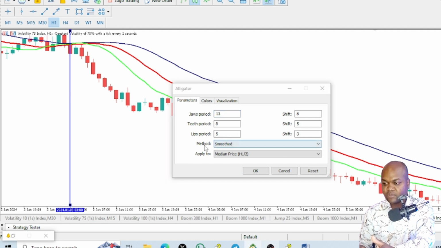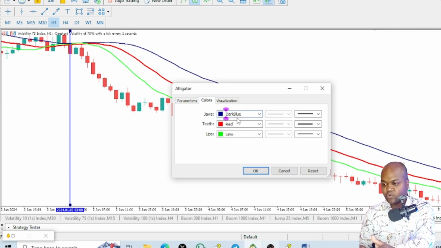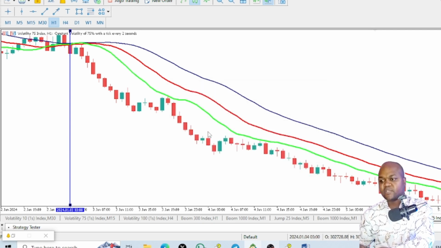Then the method is smoothed, applied to median price HL over 2. Basically these are just the defaults. Then the colors: the jaws are dark blue, the teeth are red, then the lips are lime, with the following pixels. I'm just doing this so that you guys can see nicely. So when you're done, you have this following Alligator.